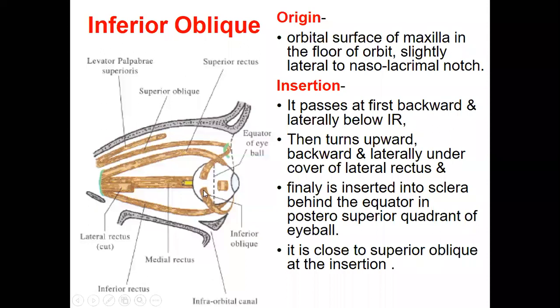So it is close to the superior oblique at the insertion. Superior oblique and inferior oblique are closer near their insertion, and their insertion is behind the equator of the eyeball.